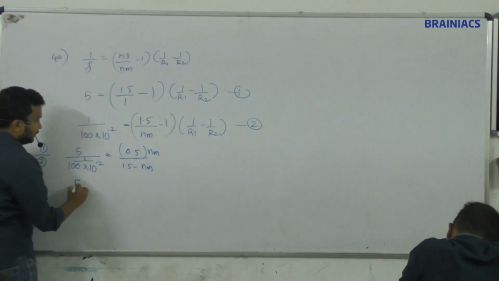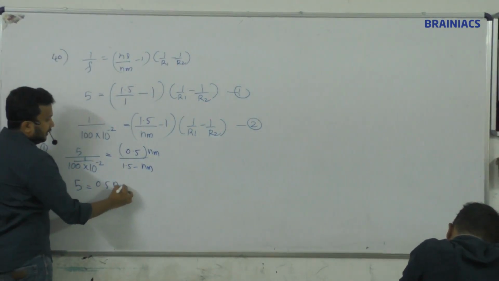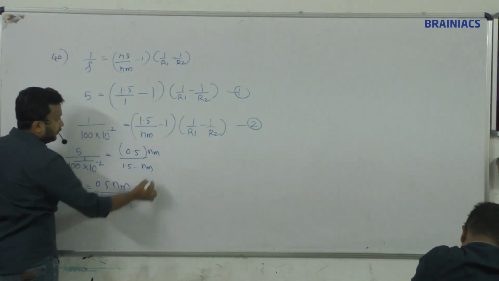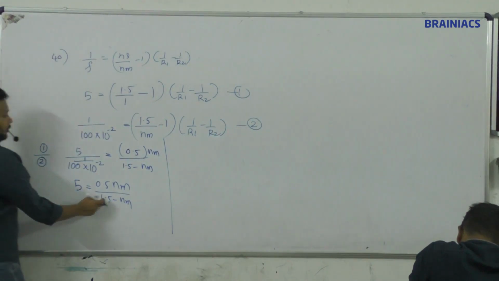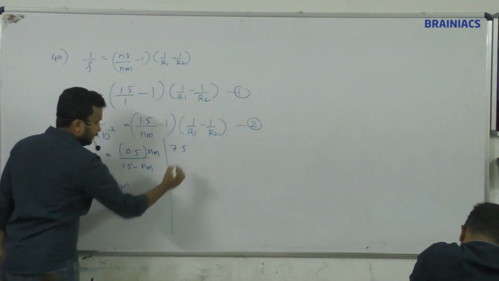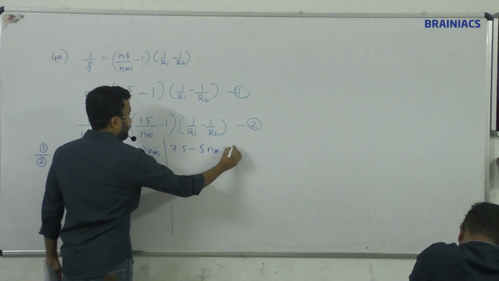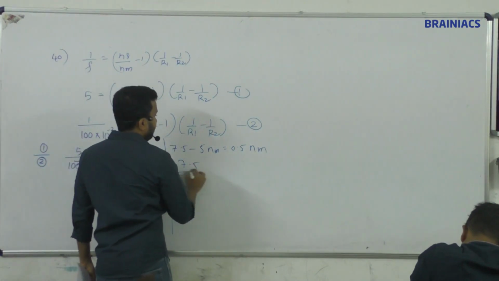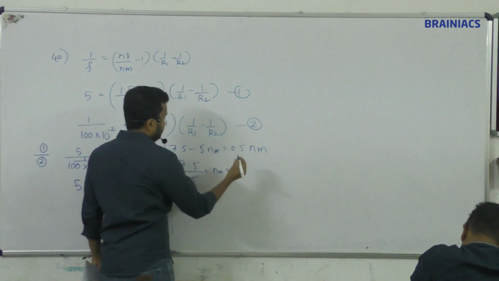So this answer is 5 is equal to 0.5 into Nm divided by 1.5 minus Nm. We have to cross multiply and simplify this one. 5 into 1.5, 7.5 minus 5 Nm equal to 0.5 Nm. 7.5 divided by 5.5 is equal to Nm.